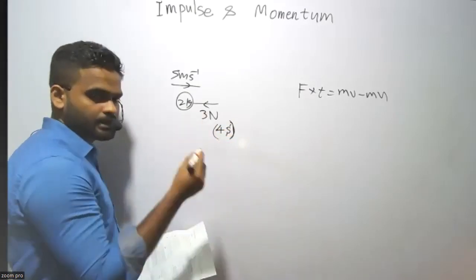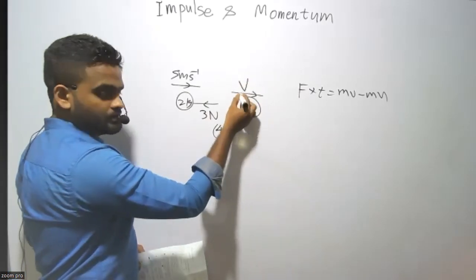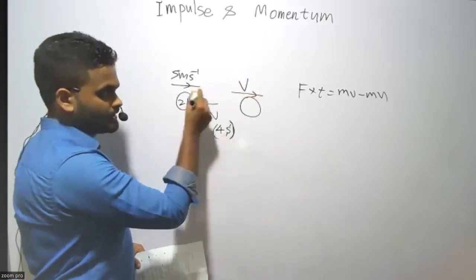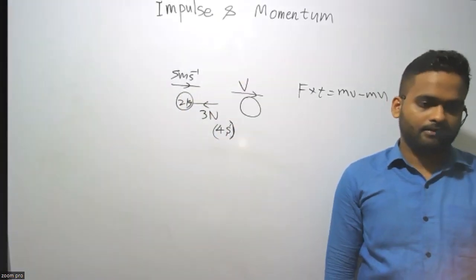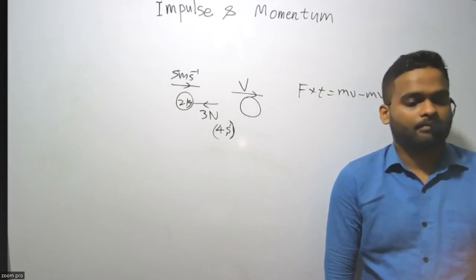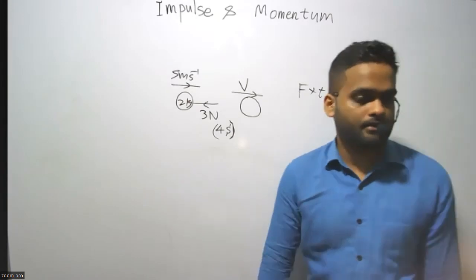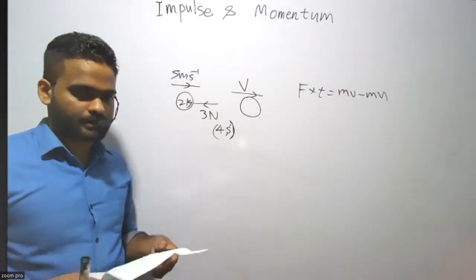This 3 Newton is lasting for 4 seconds. Let's say the initial velocity is 5, the final velocity, let's say v. You have to be careful about the directions, right? These are vectors. In order to get the correct answer, you have to be careful of the directions as well. If you got it, send me the answer, right?